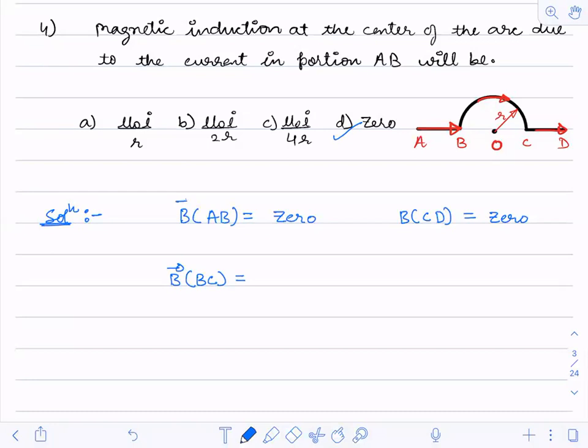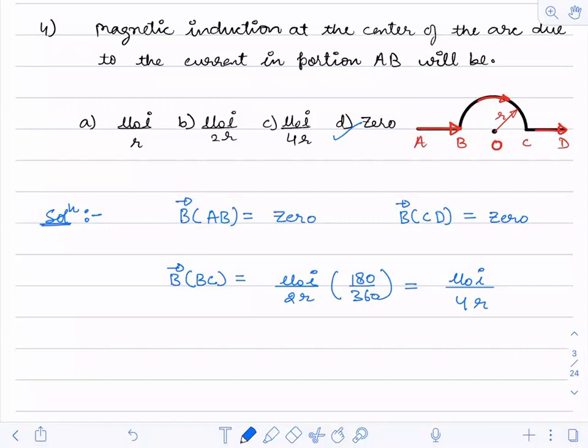How will I calculate it? Mu naught I divided by 2R into 180 by 360. So this becomes mu naught I by 4R. This is what we get.